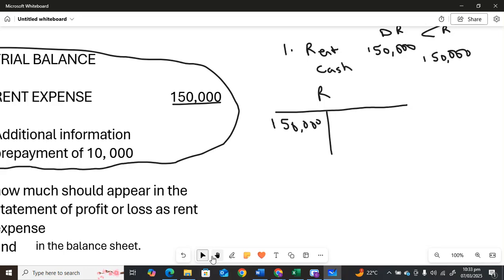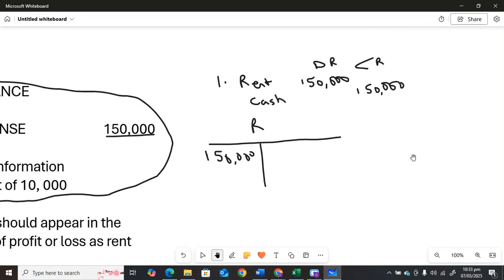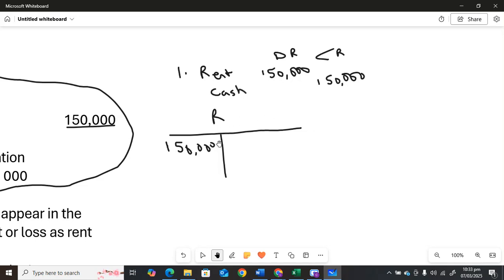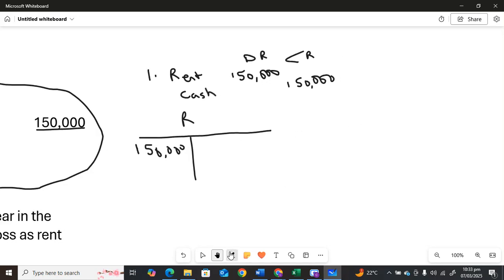So let us see the whole picture here. We've already found that we've got a prepayment of 10,000, which we need to remove from this 150,000. So you make an adjusting journal entry. They'll rarely ask you to put the adjusting journal entry, but it's good to know it.